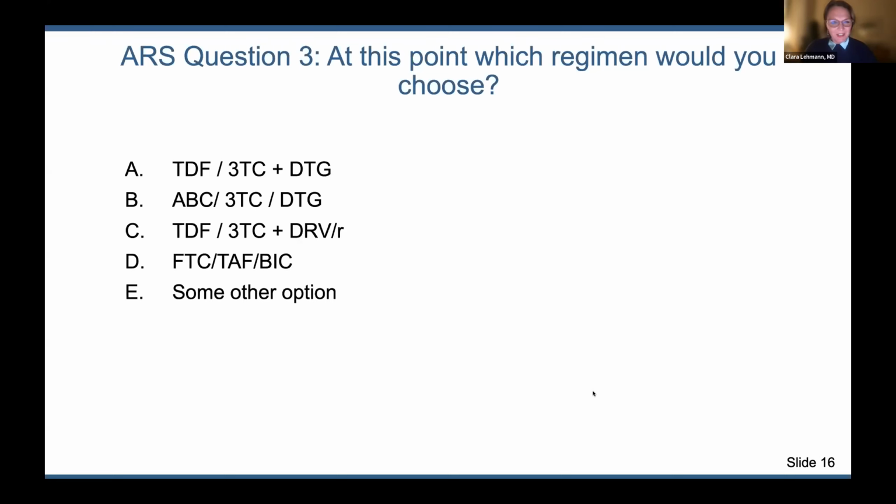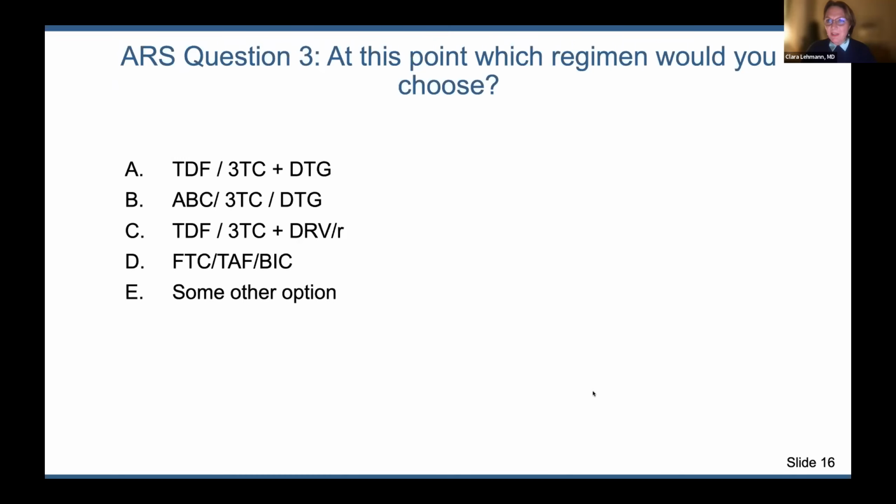So just give us your answer. Okay, so the answer was D with bictegravir. Interesting answer, I have to say. Of course, it's an option. There are also other possibilities.